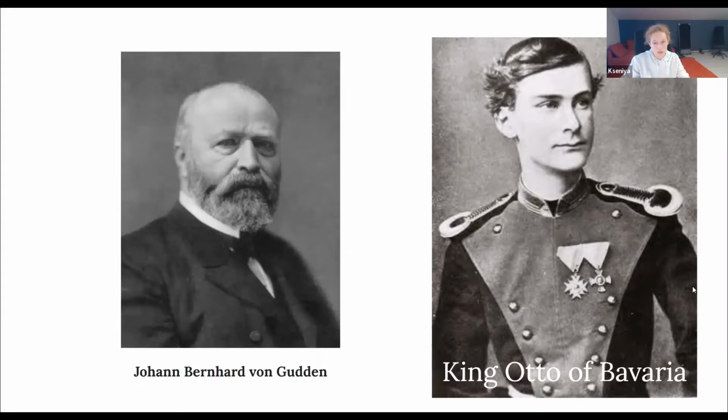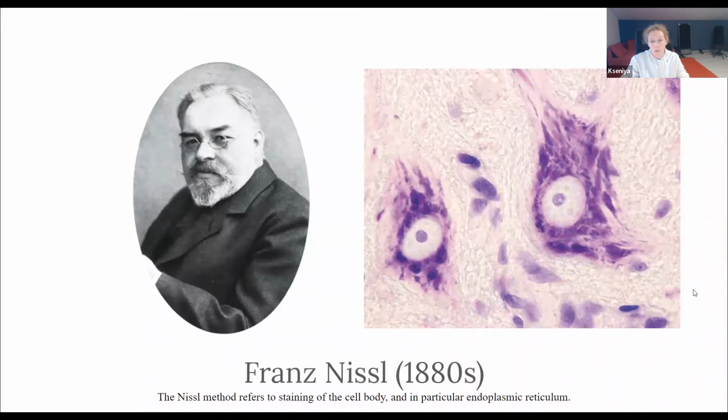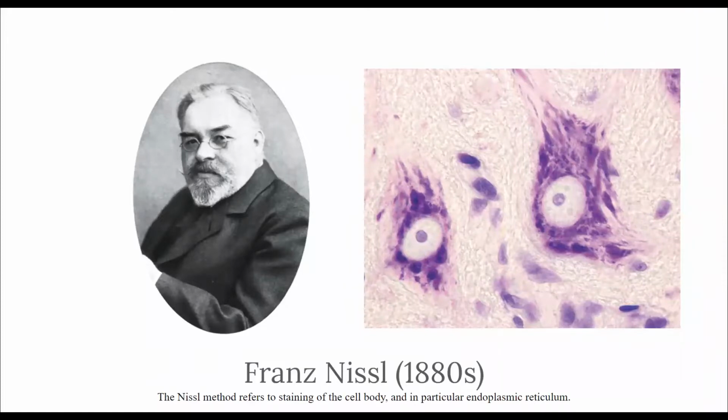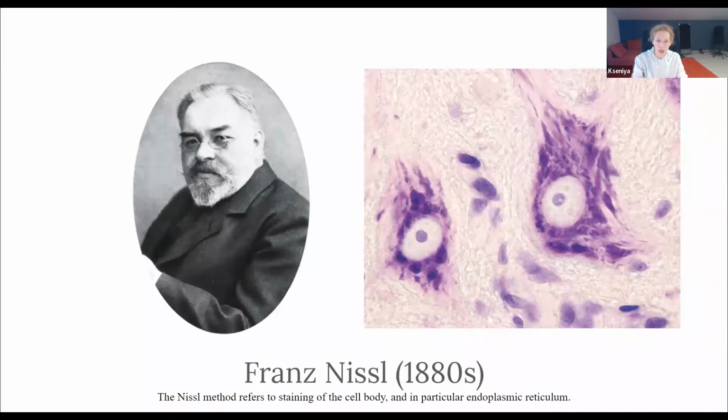Neuroscience didn't help the crazy king in any way, but in the end, the king helped neuroscience. Because of all these investigations, von Gudden had a student, Franz Nissl, who invented a method of staining nerve tissues.